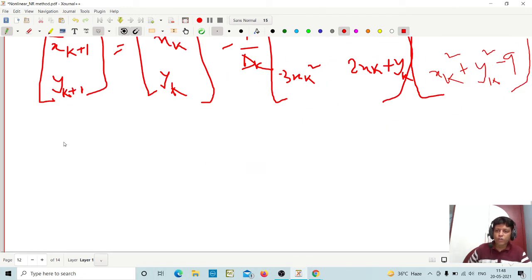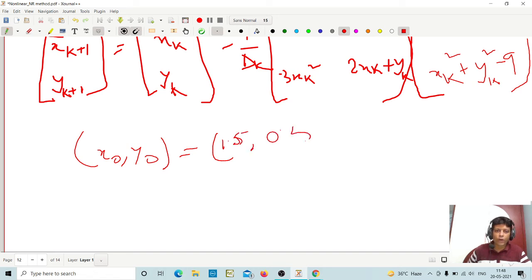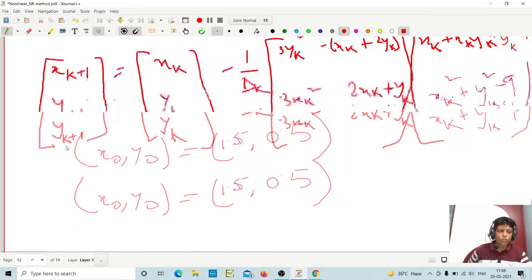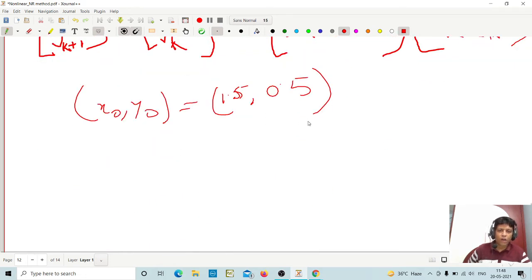Okay, now use your x naught, y naught. The initial approximation is given, 1.5 and 0.5. You substitute for k equal to 0, 1, 2, etc. Let us have one or two expressions.